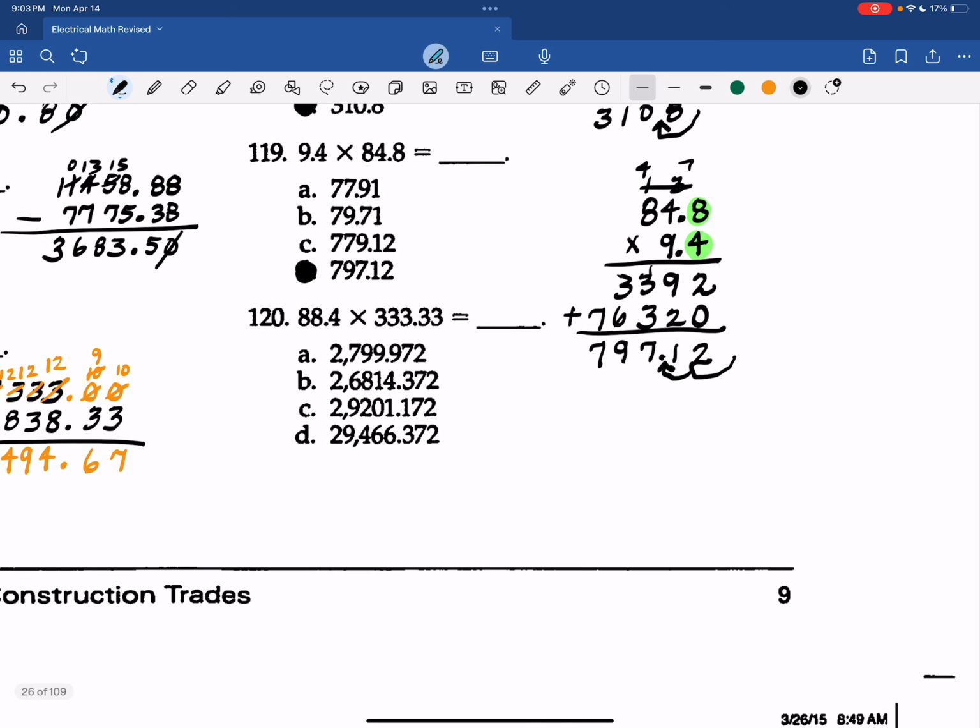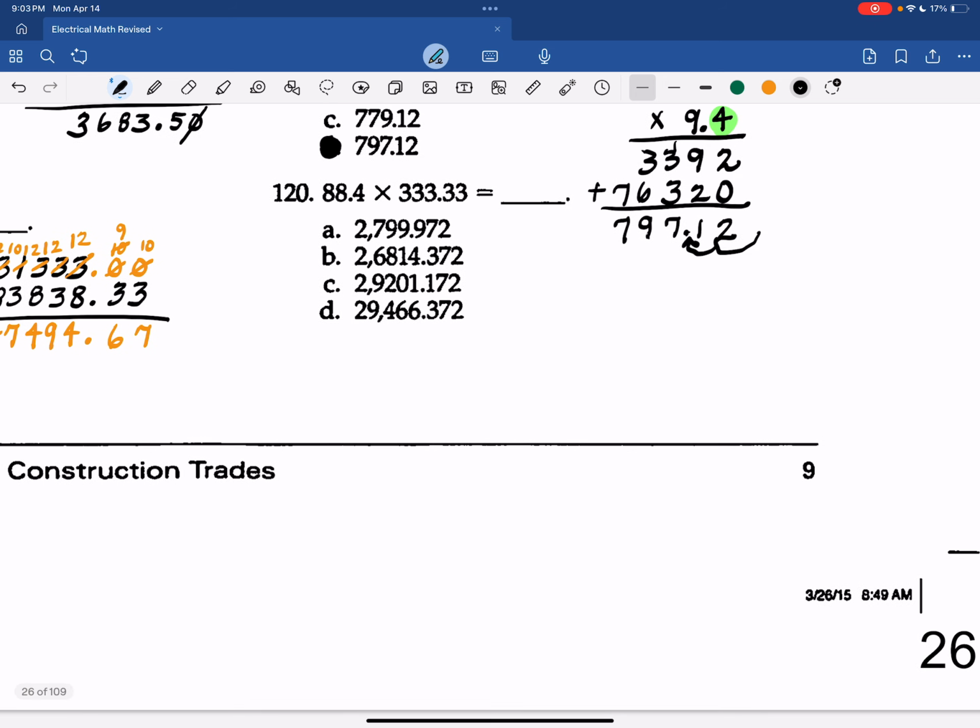And I'm dreading this one. Let's see. Okay. 333.33 times 88.4. Ignore the decimal. Focus on getting your math right. 4 threes are 12, carry 1. 12 plus 1 is 13, carry 1. 12 plus 1 is 13, carry 1.